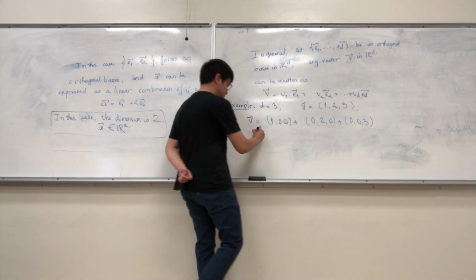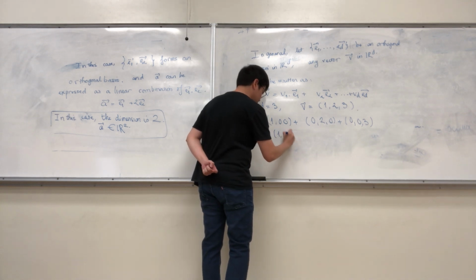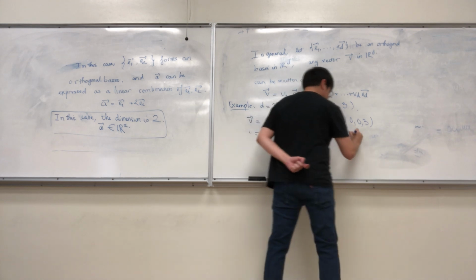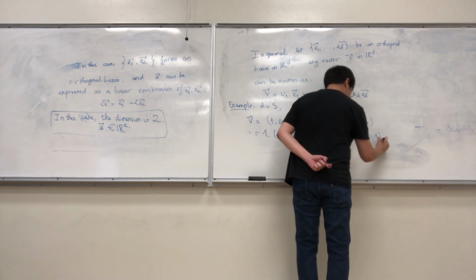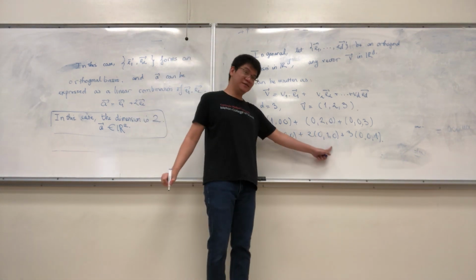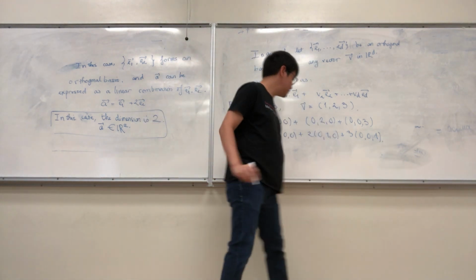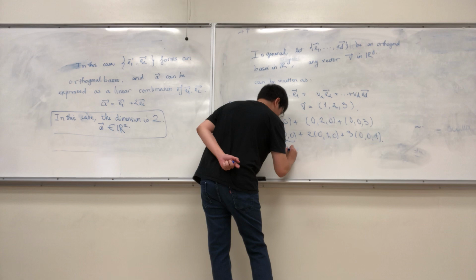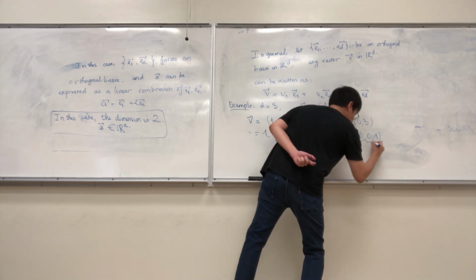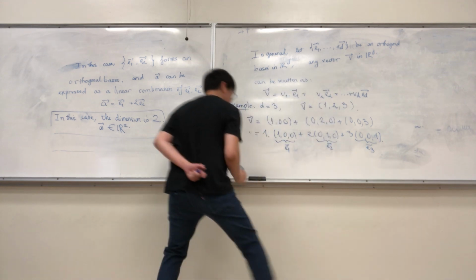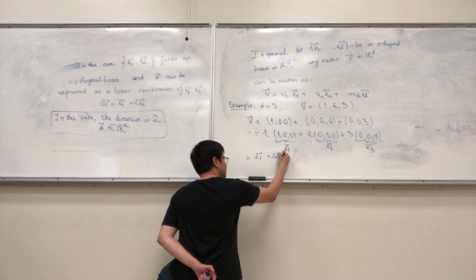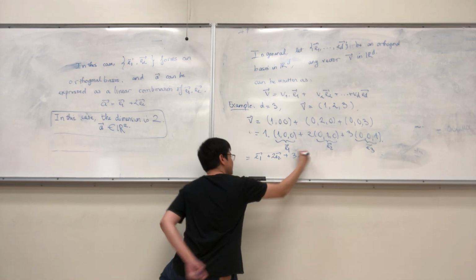And this is 1 times 1, 0, 0 plus 2 times 0, 1, 0 plus 3 times 0, 0, 1. So this one will be E1, this one will be E2, and this one will be E3. So this is going to give you E1 plus 2 E2 plus 3 E3.